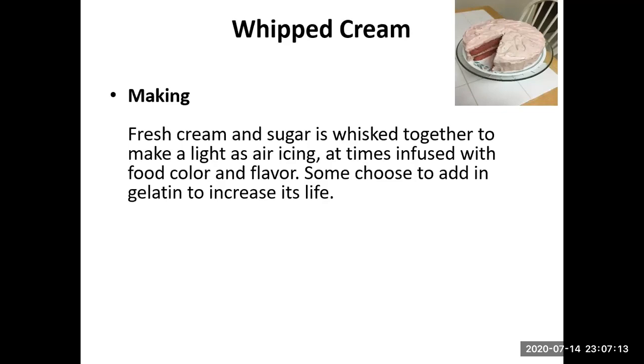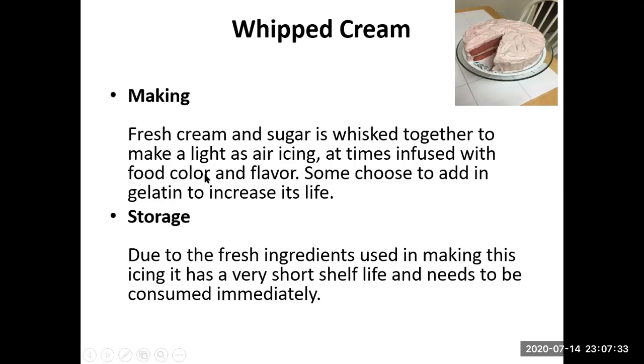Then our second one, that is whipped cream. You can check the figure there. In case of whipped cream, for preparing that cream, you will need fresh cream. If you can remember the buttercream, the ingredients were shortening with icing sugar with some flavors or anything that you want to add. But in case of whipped cream, you will need fresh cream and sugar.